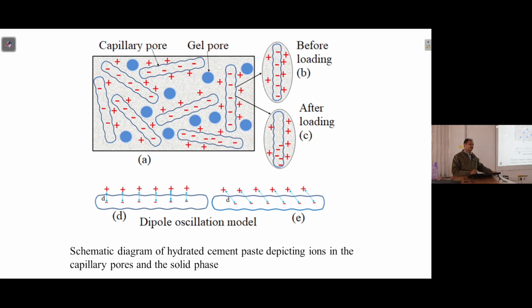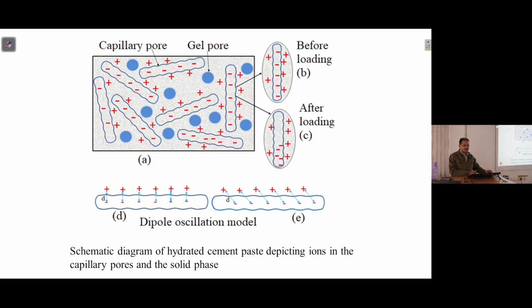So here what is considered is that some of the ions present in this water remaining after the reaction tend to get adsorbed on the solid surface, the portion where the gel formation has already taken place.